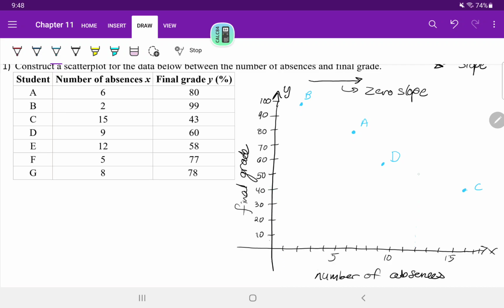We'll put it right here. 5 absences, final grade is 77 for student F. Double check that. Okay, that looks good enough. And student G, 8 absences and the final grade is 78. 6, 7, 8, and 78.